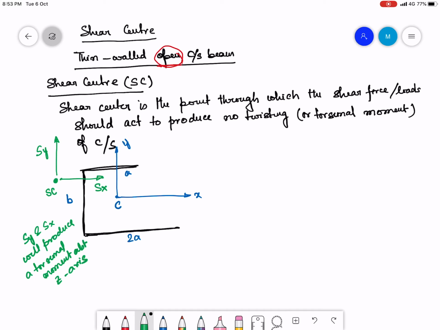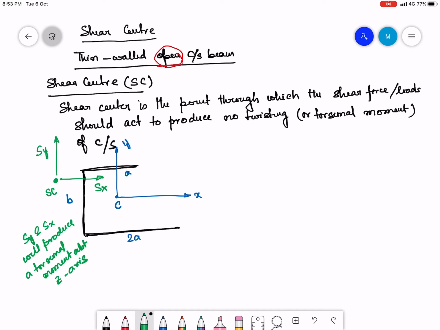So the internal moment produced by the shear stress distribution is going to perfectly cancel out the torsional moment produced by Sy and Sx. So there is going to be no resultant torsional moment or resultant twisting of the cross section. Okay, so this is the overall idea behind shear center of a cross section.